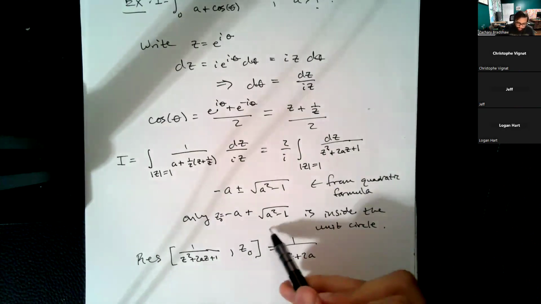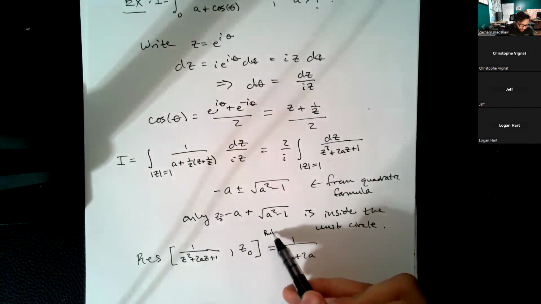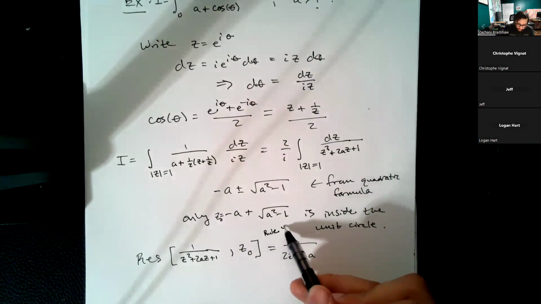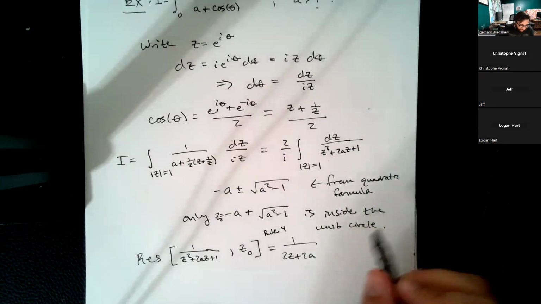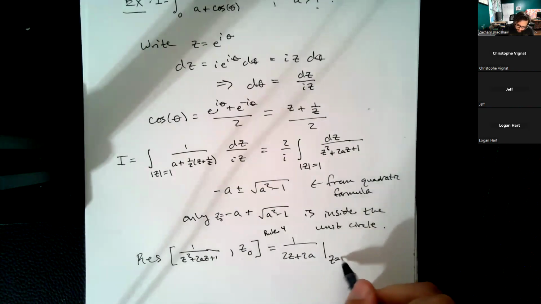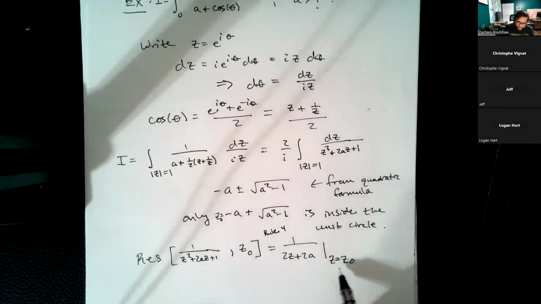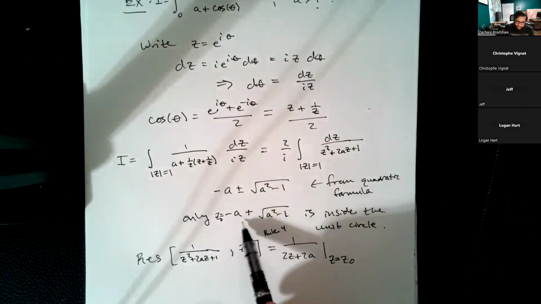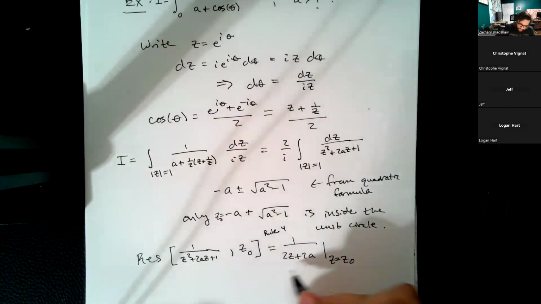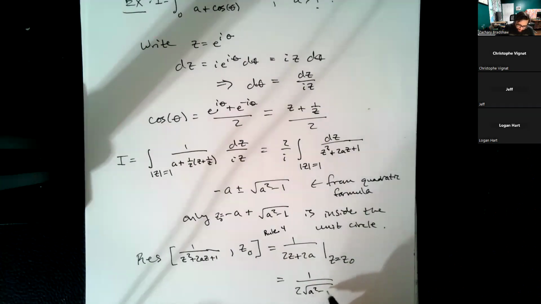So I'm using rule 3 here. Well, actually, I guess it's rule 4, special case. So it's this evaluated at z equals z0, which is this quantity. And we plug that in, and what we get is 1 over 2 square root of a squared minus 1.